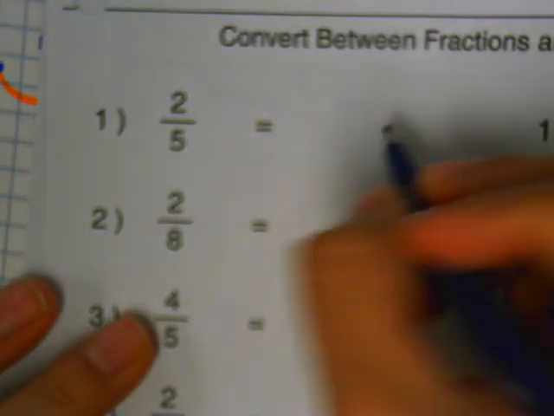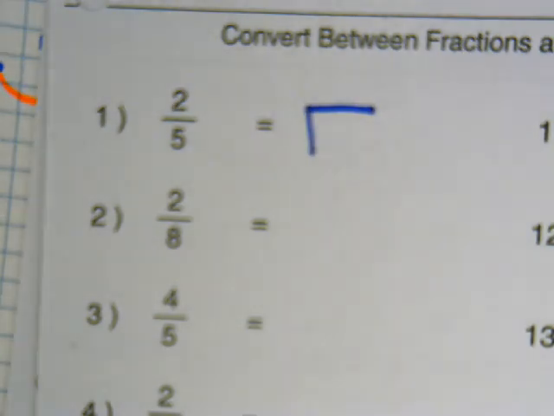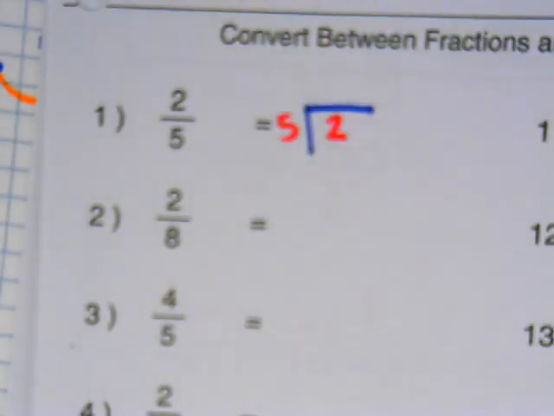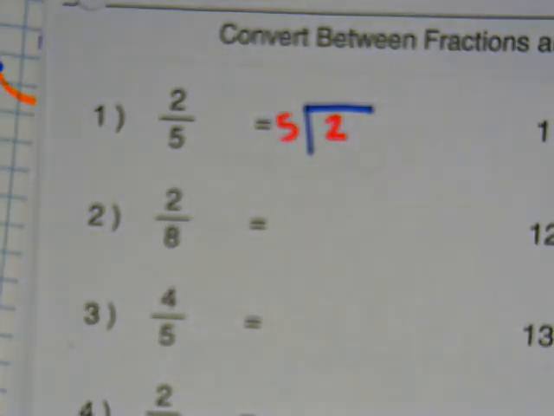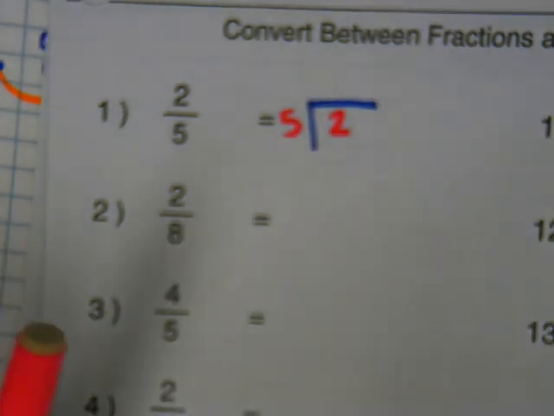You're always going to show me work. What number goes inside? 2 and 5. Remember, top number in and out.